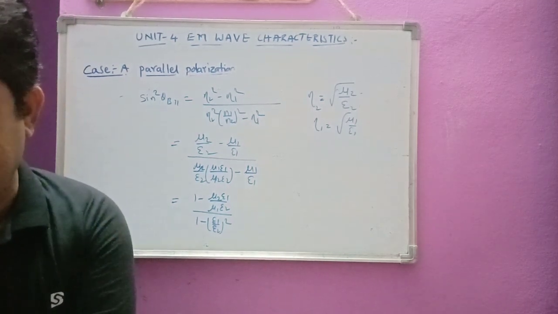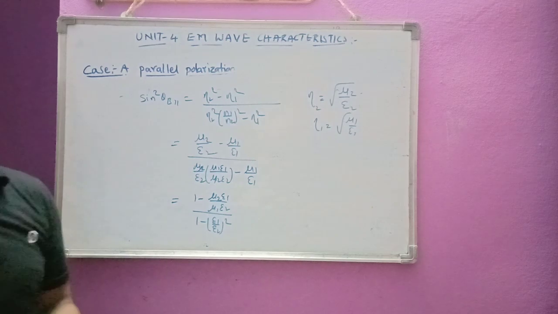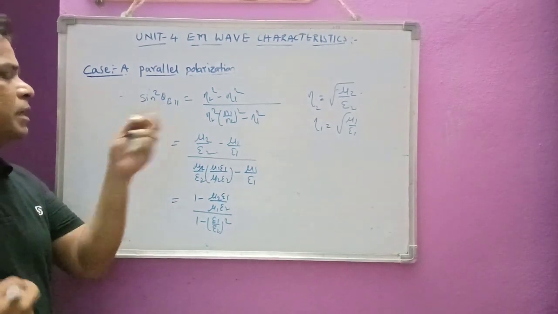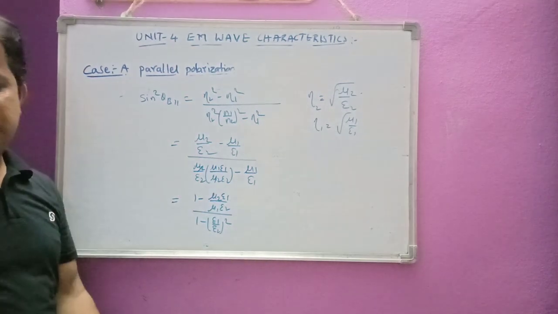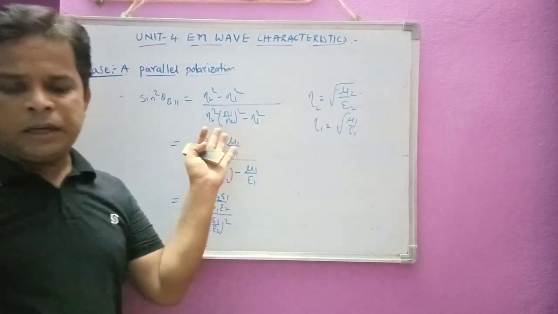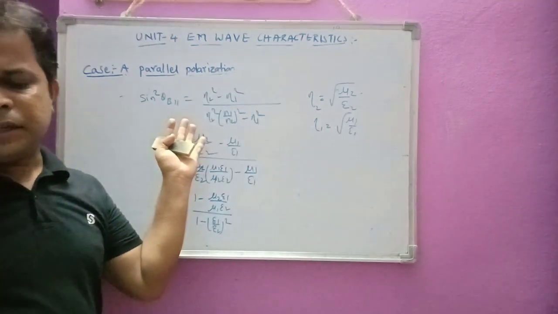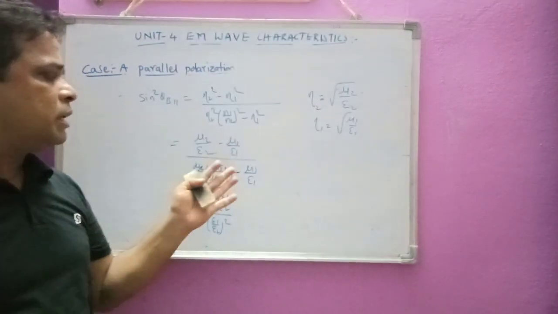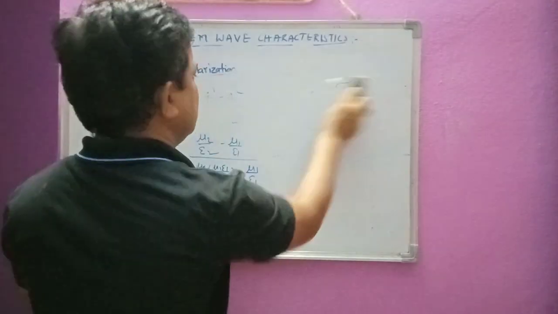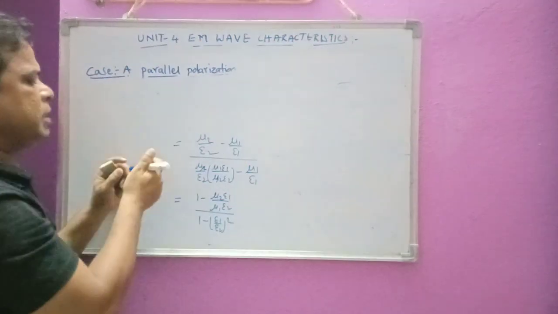Now for practical cases, this sin square theta b parallel is of practical importance. So here the dielectric medium is not only lossless, it is also non-magnetic. Okay, so till now we have considered the medium as lossless medium.